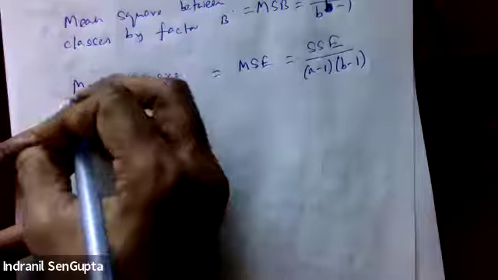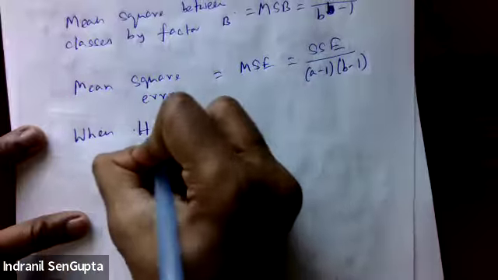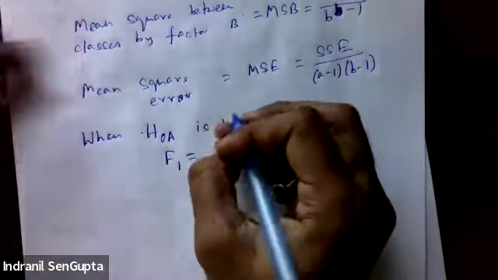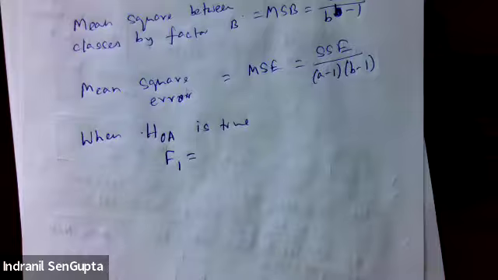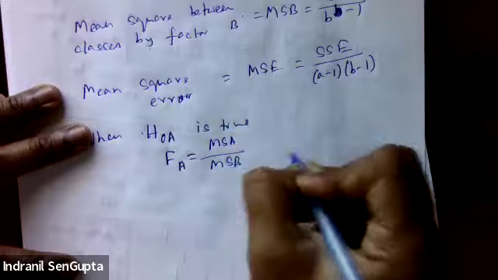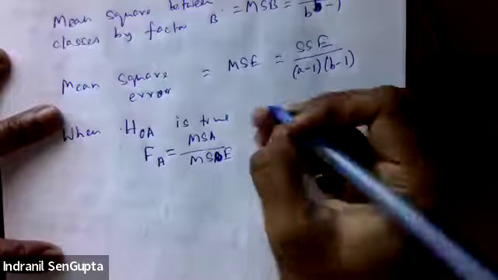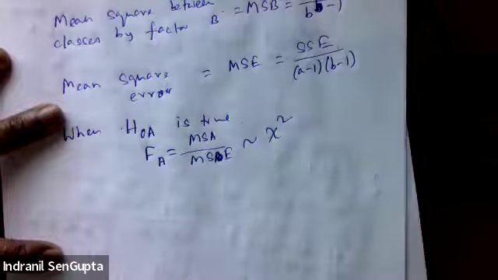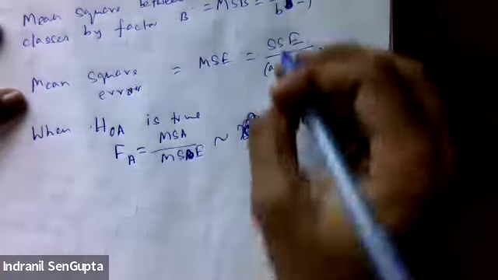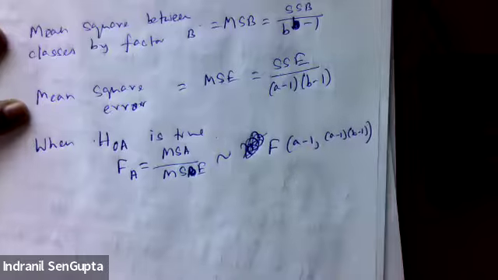The first one is when H0A is true, the statistic FA, which is given by MSA over MSE, follows an F distribution with the degrees of freedom A minus 1 and A minus 1 times B minus 1.